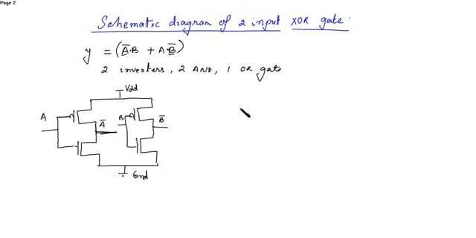Then you need to AND. So there will be two circuits for AND. For the AND circuit you need the two NMOS in series and the PMOS in parallel.